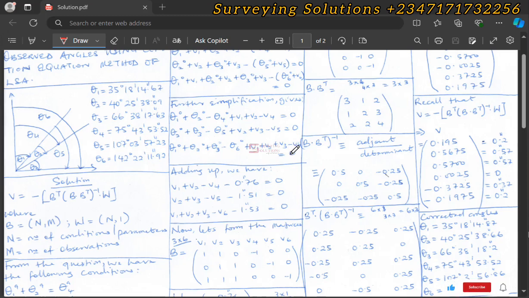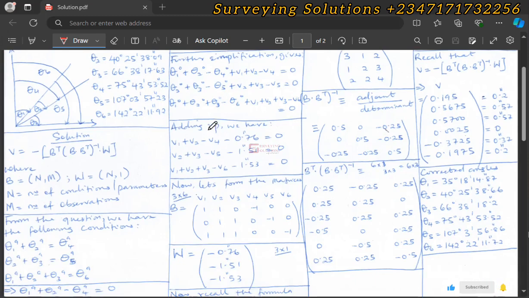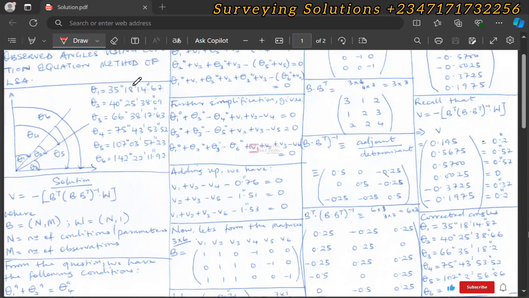Good. Now, by adding up, what do we mean? You know, these angles, they have values, right? Good. These are the values, the observed angles. These are their values, right? Good. So since we have sorted them out, we can now decide to substitute these values into the equation, right? Good.